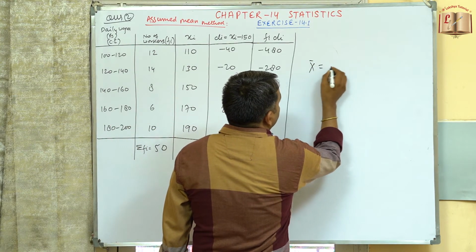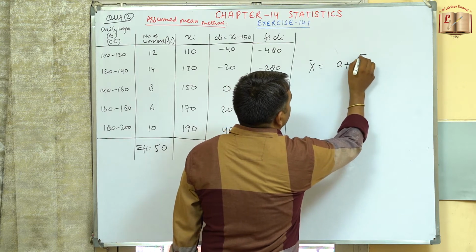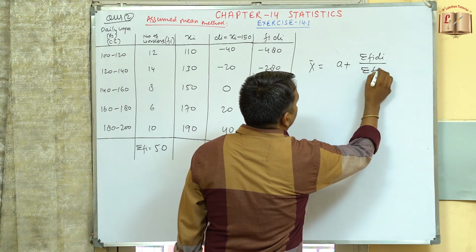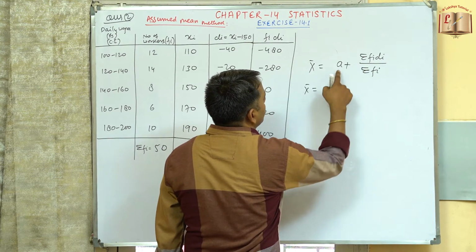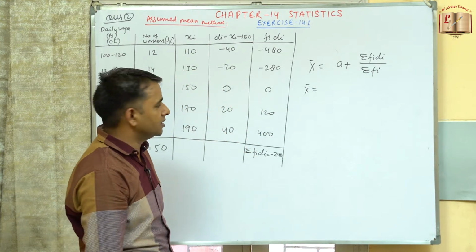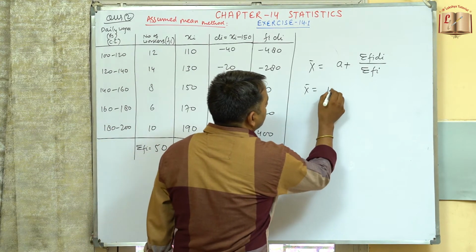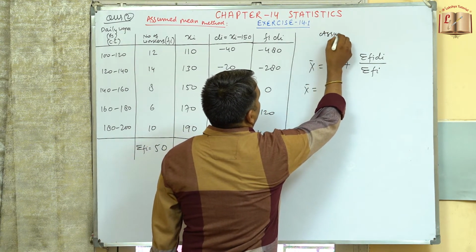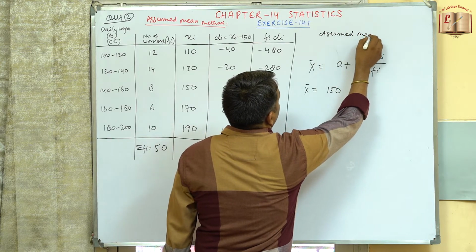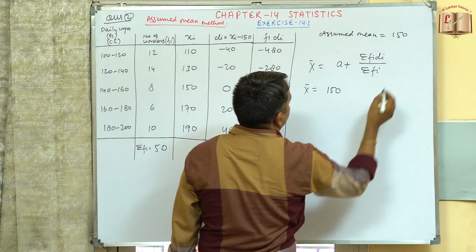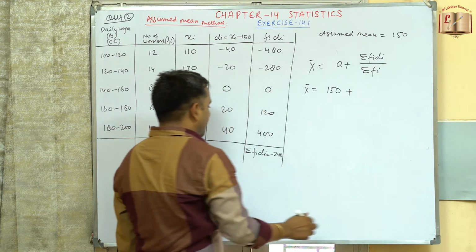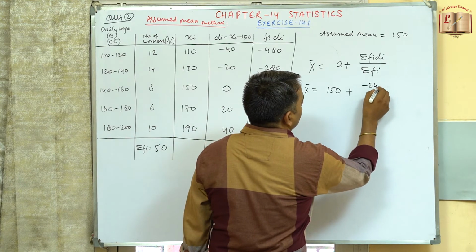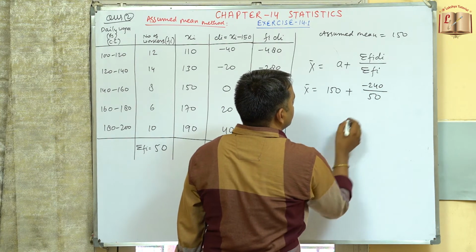Now mean is equals to a plus sigma fi di divided by sigma fi. So mean will be equals to a. A is the assumed mean. Assumed mean we have already taken, so this is 150 as assumed mean. So it was 150 plus sigma fi di, we got -240. So this will be -240 divided by sigma fi is 50.